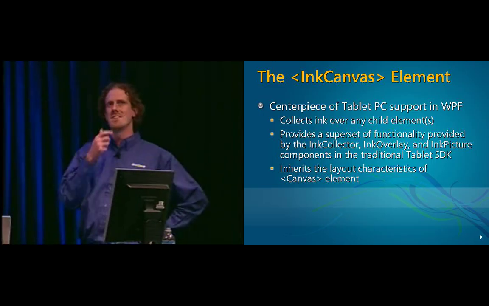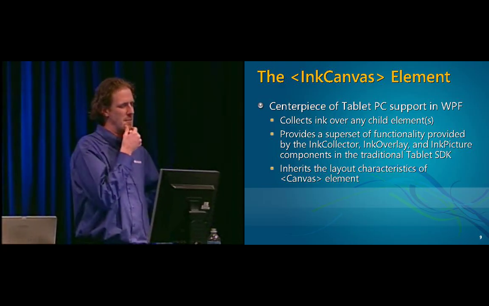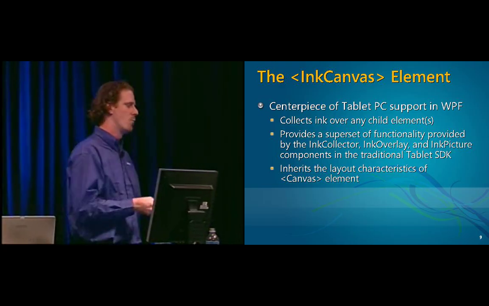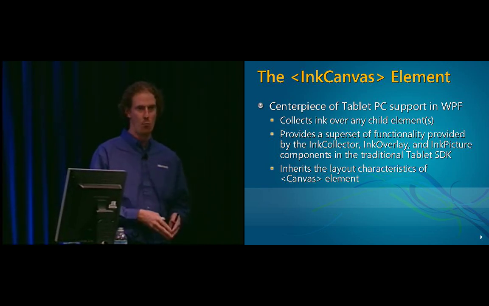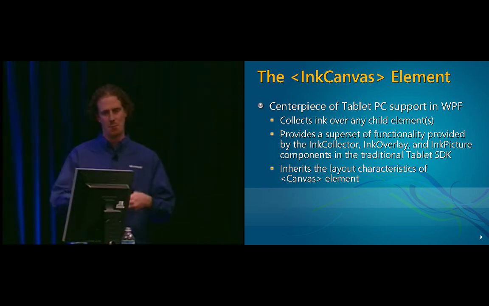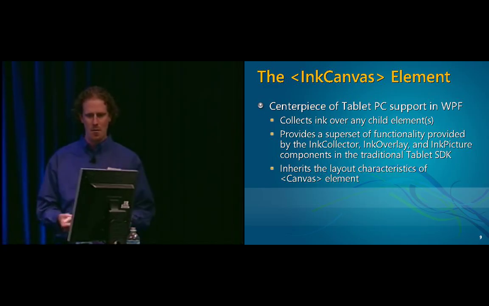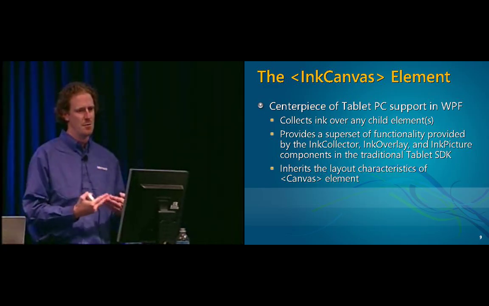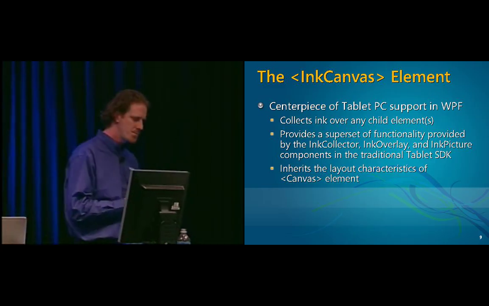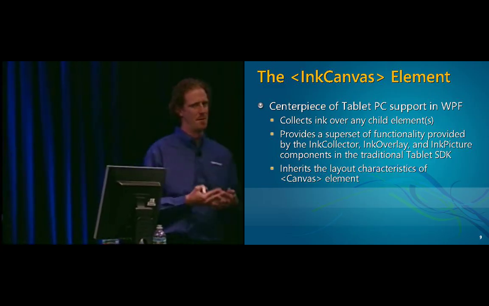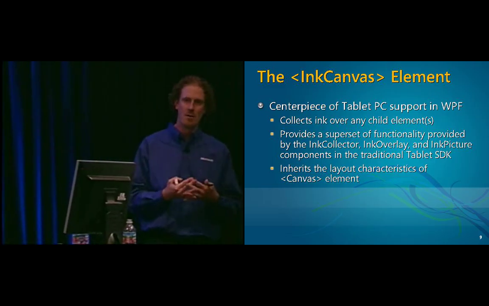This is an interesting point of departure from Win32. In Win32 world, any single pixel on the screen belonged to one and exactly one window, right? It might have been a child window or it might have been a top-level window, but you really didn't have this notion of two different windows sharing airspace, the way Nick Kramer likes to put it. But in Avalon, sibling windows can share airspace.